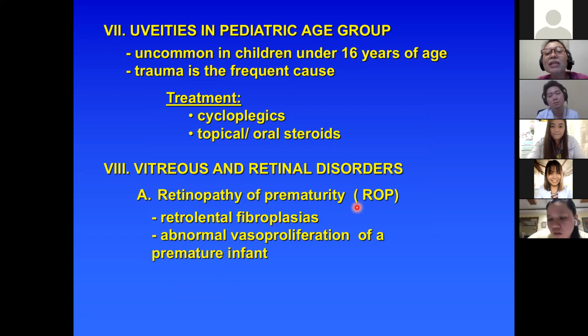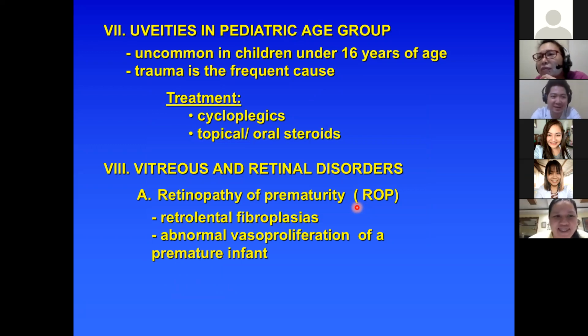Uveitis in the pediatric age group. The most common cause of uveitis in children, what is uveitis again? Inflammation of what? Of the uveal tract. So what are the parts of the uveal tract? Anteriorly, the iris.